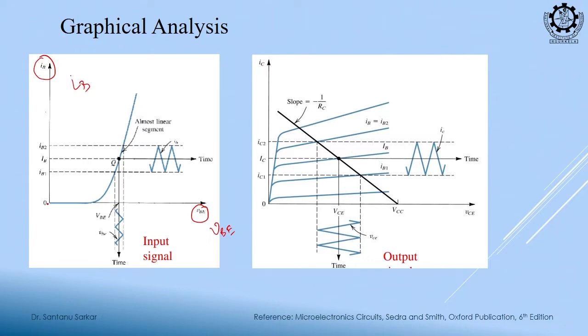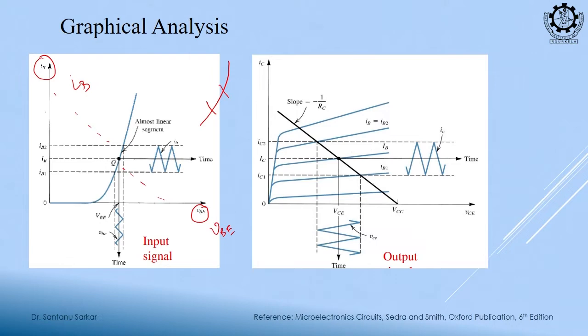Now, you are plotting IB versus VBE, you get an exponential plot. You have drawn the load line, you got the Q point. Now, what this is trying to say is that if we have a small region, you see this graph is exponential in nature, but if you cut into a very small zone, you can approximate that as a straight line.